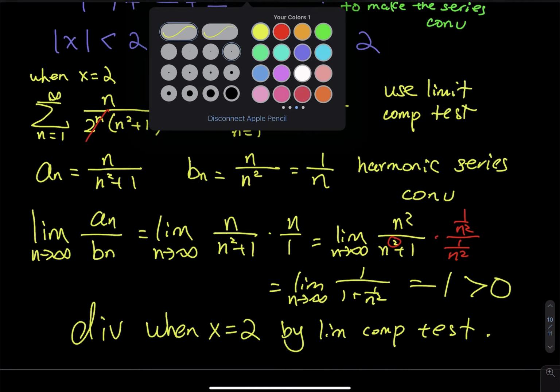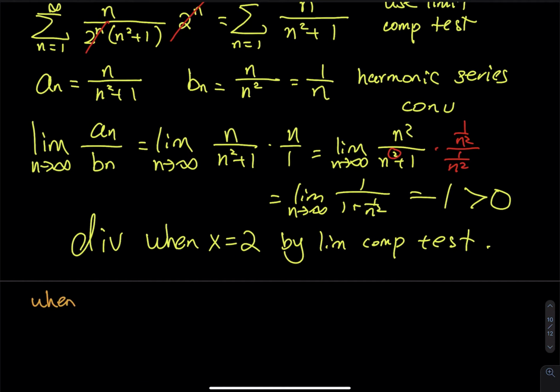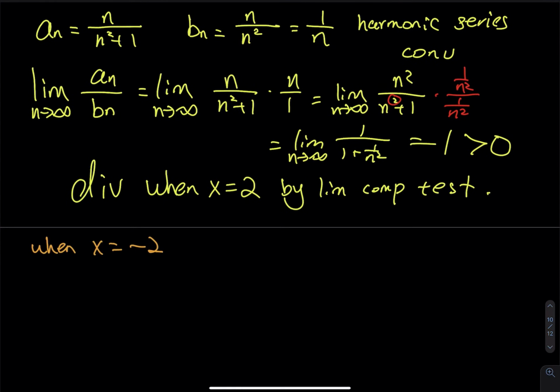And then the left endpoint, let's switch color. When x equals -2, that gives you an alternating series. Some people like this, some people hate this. The sum from n equals 1 to infinity of n over n squared plus 1 times -2 to the n.